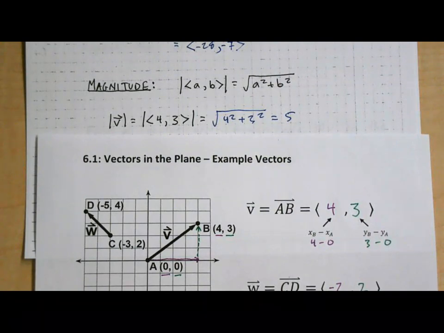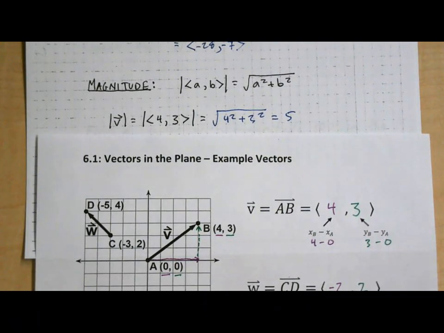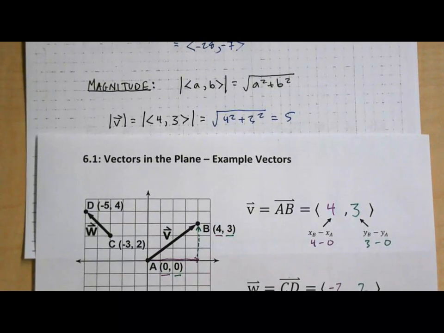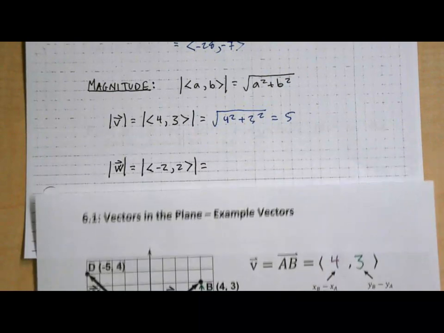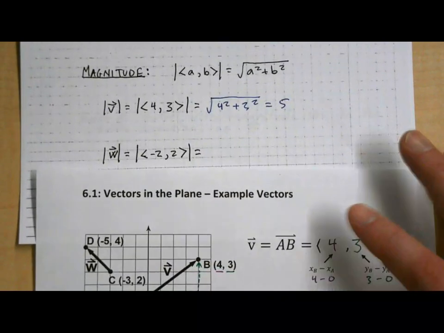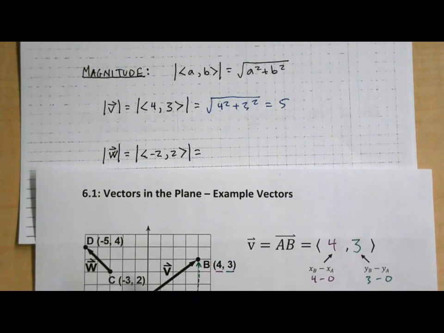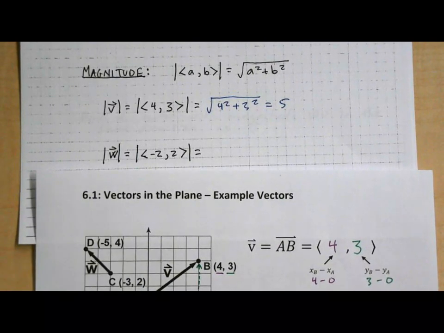We've taken that vector v and we've turned it into a scalar. Could you please find me the magnitude of vector w? Say it in your head as you're writing it down. The magnitude of vector w.